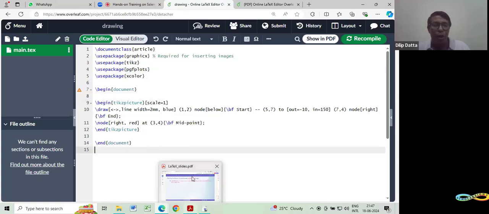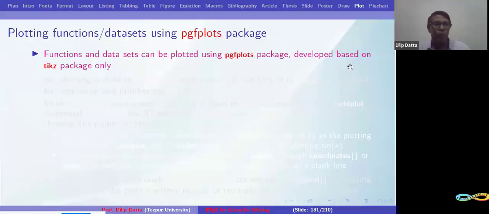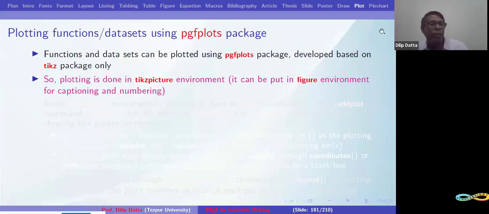Now let's see what can be done here. In this, plotting is done in the TikZ picture environment, very similar to this drawing. The same picture environment will be used. Now the picture environment can be used for drawing inline figures also.